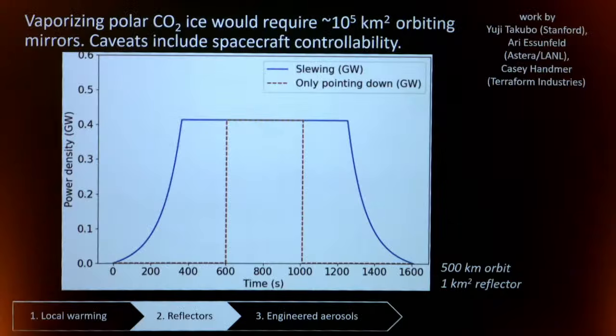And so, fortunately, many startups are working on this for Earth, the idea being to extend the useful lifetime of solar farms well into the night. And so that's helping to beat down the cost and mass of this technology. However, the scale is much larger, so we're looking at 100,000 square kilometers of orbiting mirrors to vaporize the South Polar Cap and double Mars's atmospheric pressure.